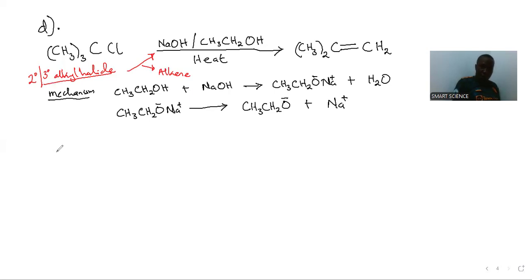Now, the mechanism begins with a self-ionization route, because we are dealing with a tertiary alkyl halide, which can undergo self-ionization because of the stability gained by the carbocation, simply because the many alkyl groups have a higher positive inductive effect.